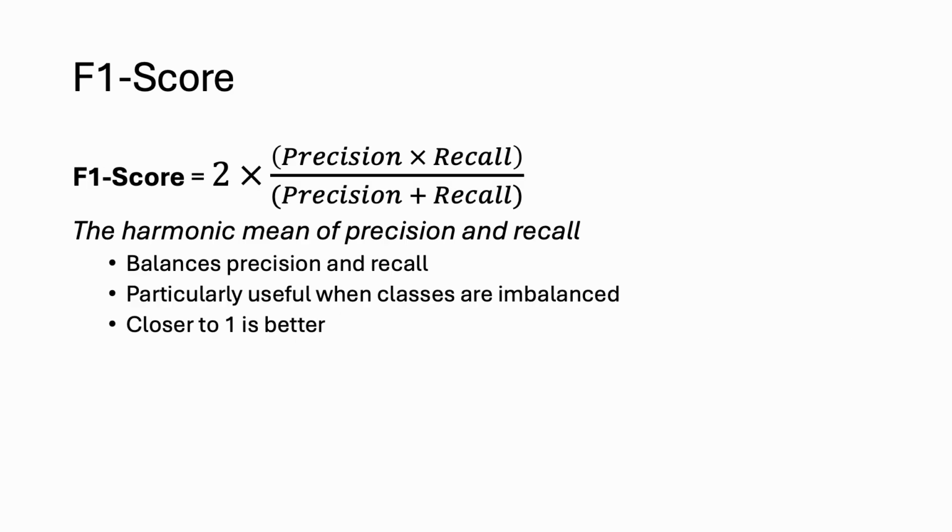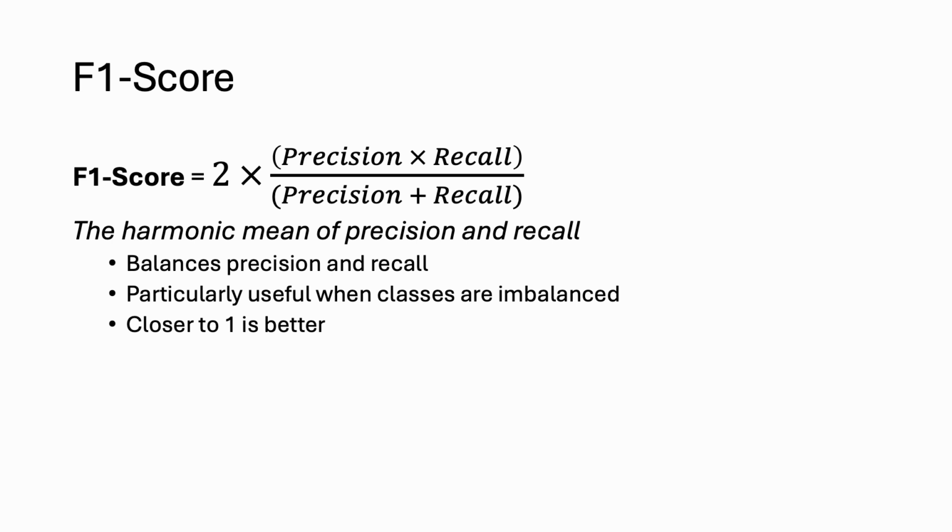And there is one more trade-off metric we can use, which is called the F1-Score, which is the harmonic mean of precision and recall. What we want to do is balance these two, keeping the trade-off in a balanced form.